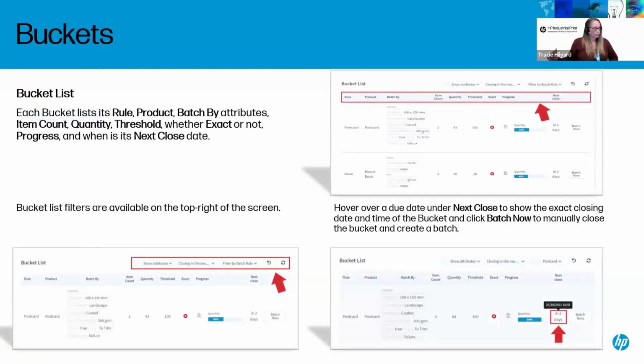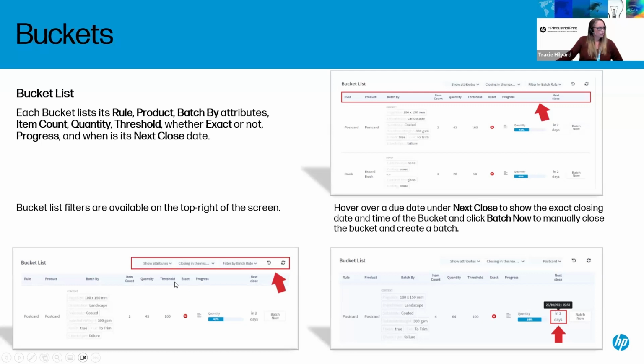In the bucket, we have the ability to list its rule, product, batch by attributes, item count, quantity, thresholds, whether or not it's exact, and when its next close date is. That is all at the top here in your bucket list.